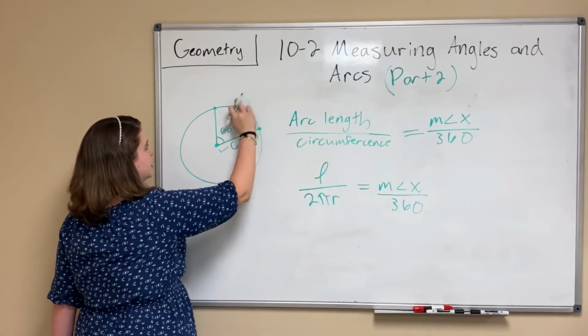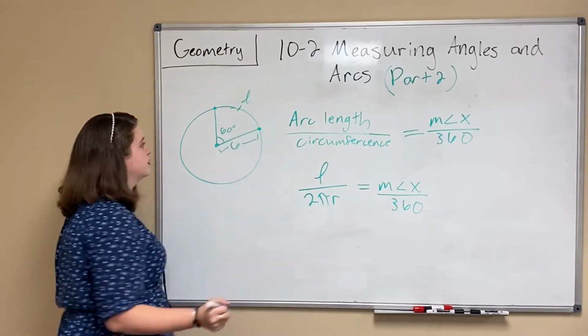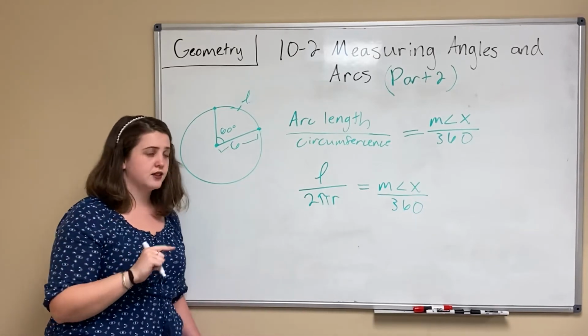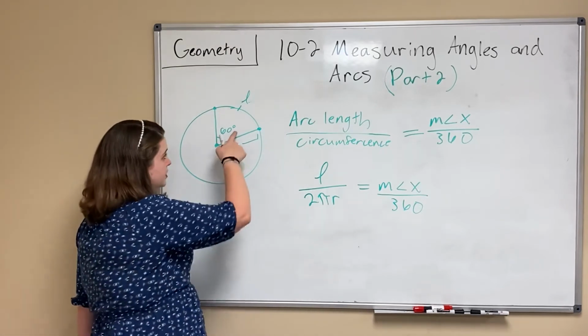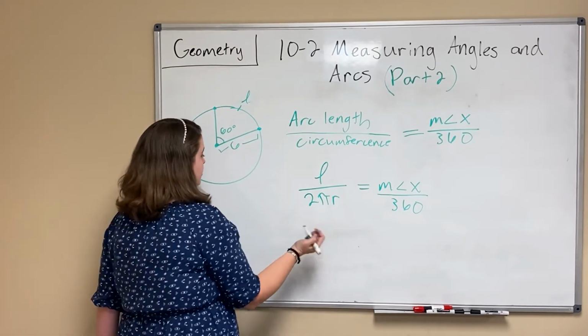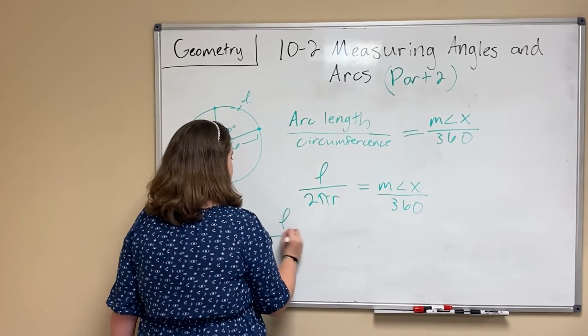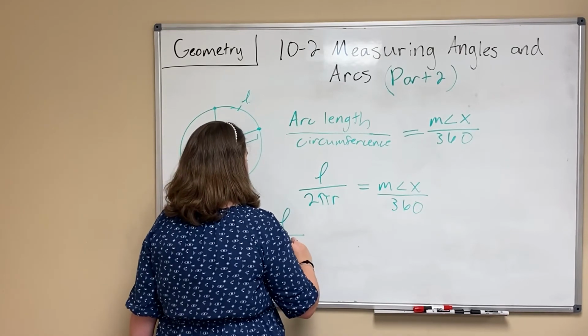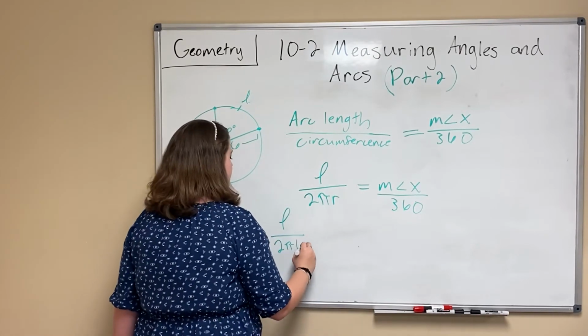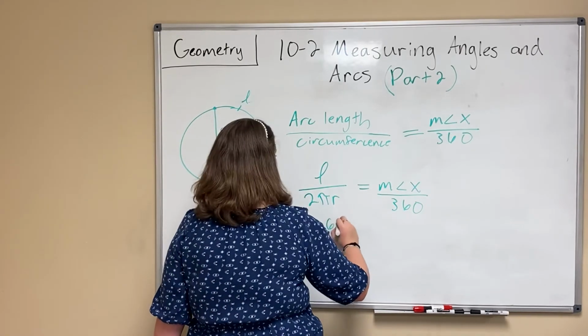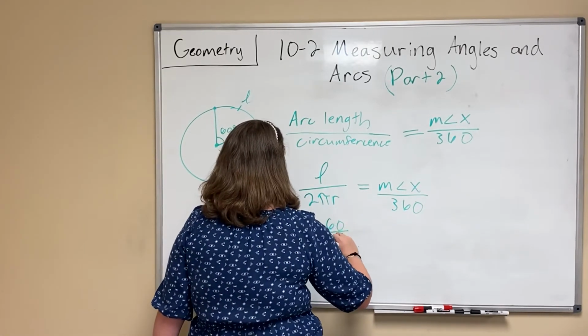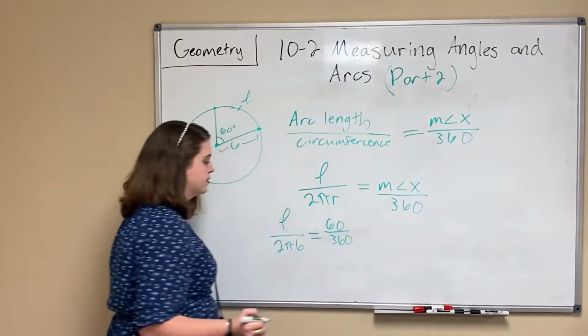Well, I won't use an X, I'll use an O. Find for me the arc length of this portion of the circle. All I have to do is plug these numbers into these formulas. So I'm going to take my L divided by 2 times pi times 6 equals 60 over 360.